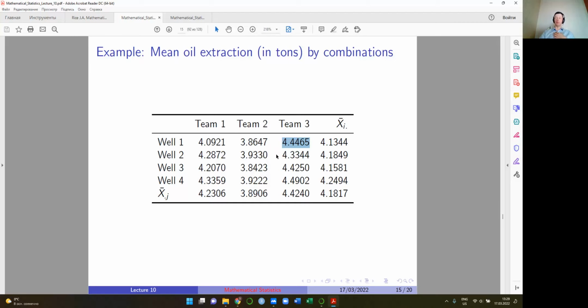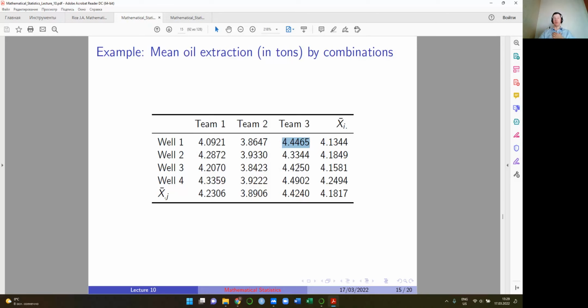But this is our hypothesis right now, right? We cannot claim that there is a significant difference and team 2 is significantly different. Maybe this is by chance, because we also have team number 3, which gives slightly larger production than others.